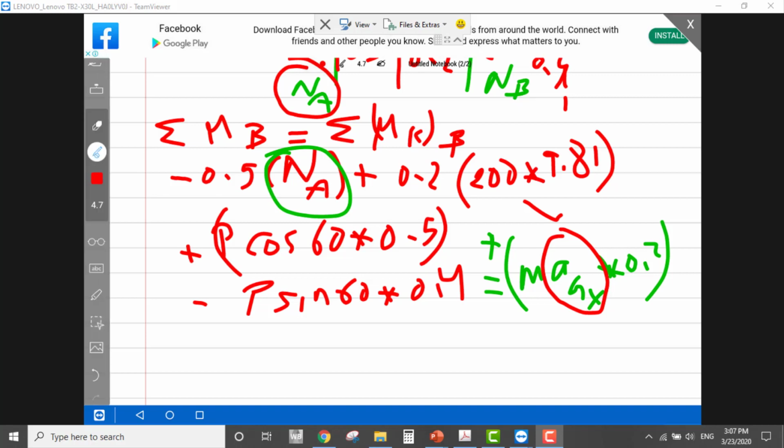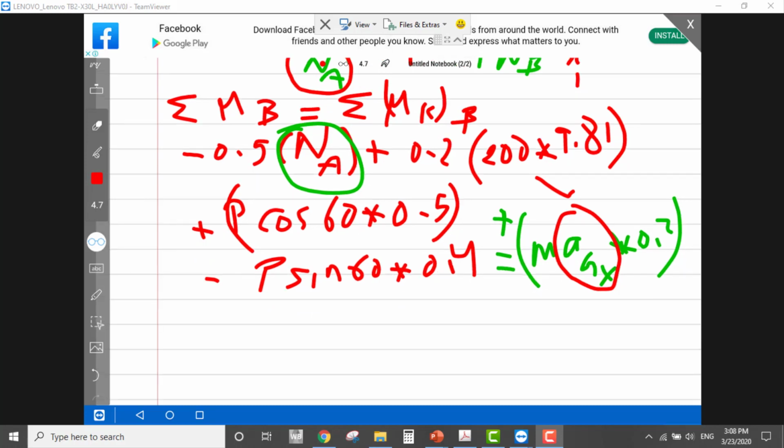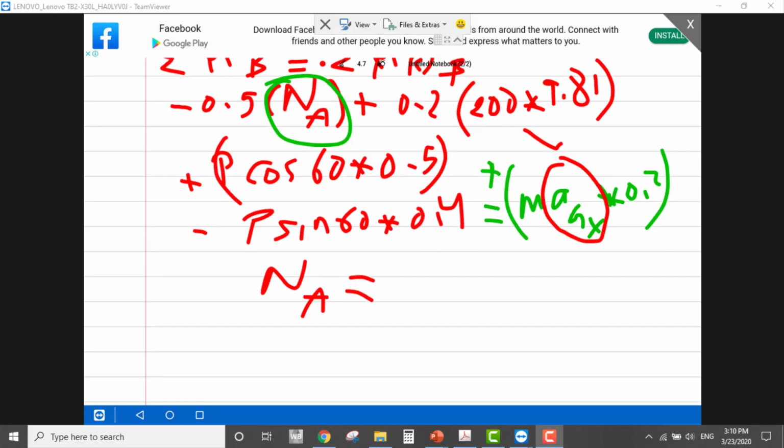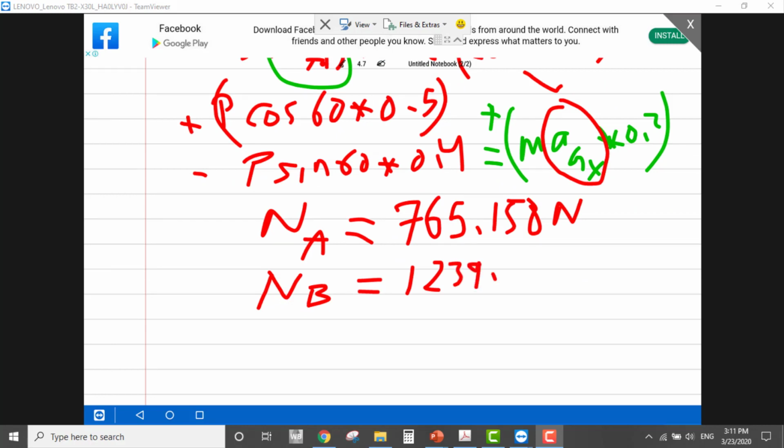So if we rearrange the equation, we'll find that NA equals 765.15 Newton. And if we substitute in equation 1, we'll find that NB equals 1239.3 Newton.